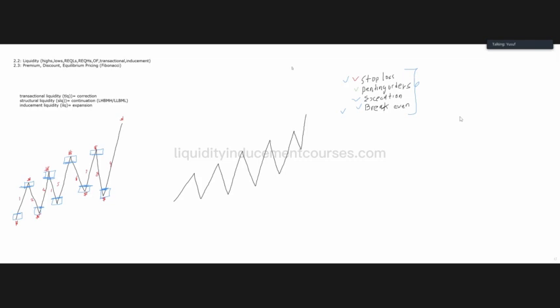So now that we can tell that this is an uptrend, what you have sitting here is a liquidity that is called the transactional liquidity. So when this liquidity is taken, what does it do? It enables this transaction to happen.